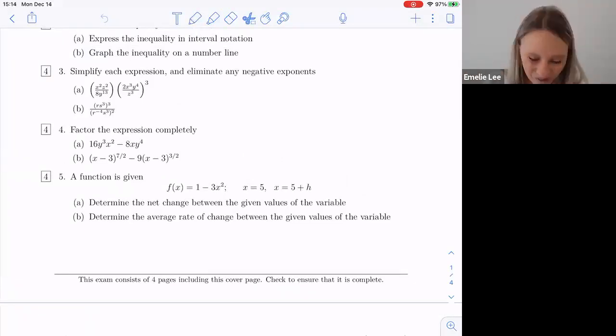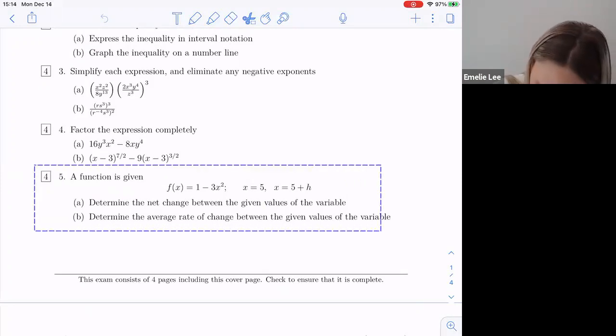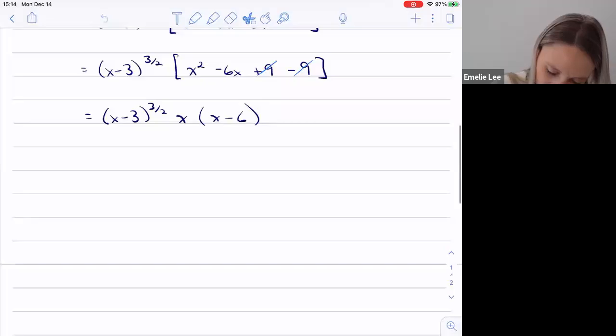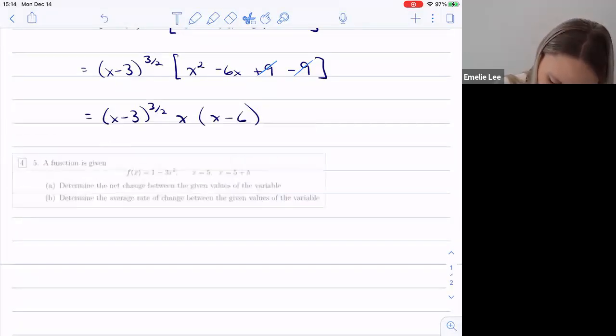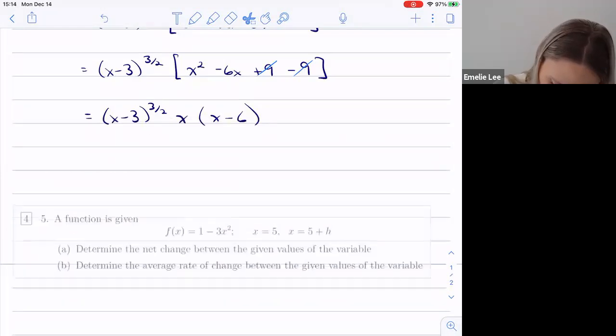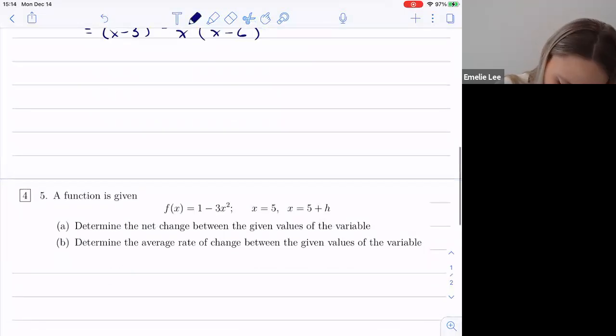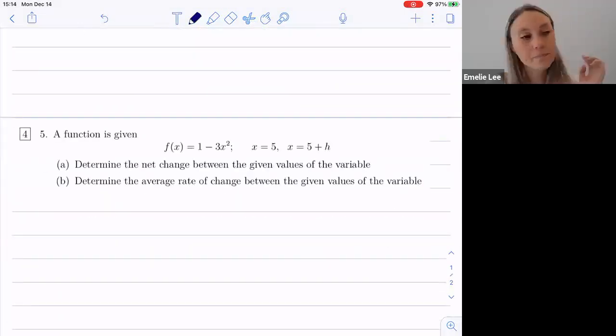While I'm here, hey, I didn't scroll too far. Okay, so question 5. You know what? I'll put it on its own page. Why not? All right.